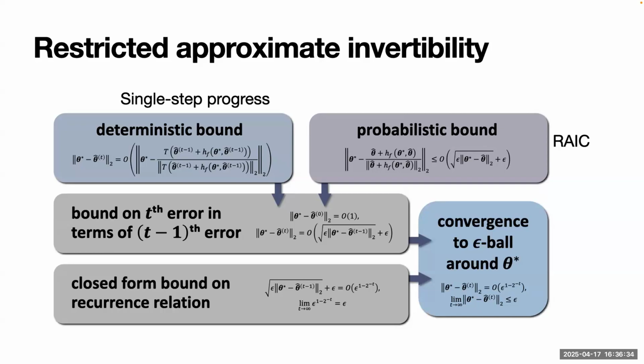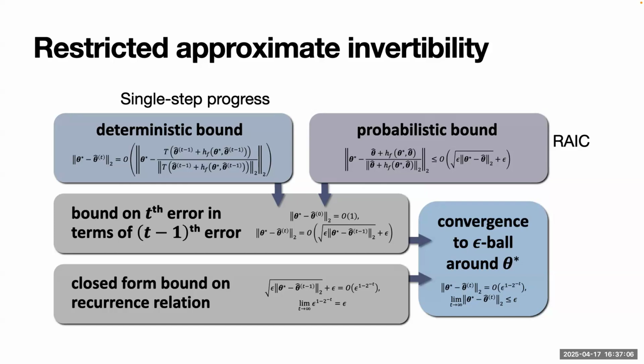For any fixed theta star, if you start with any theta hat and do this operation, which is one step progress without the top K thresholding, we can incorporate top K thresholding later on. Then the distance, theta star minus theta, reduces like this. So there is a contraction, but the contraction is not really something that you would expect.